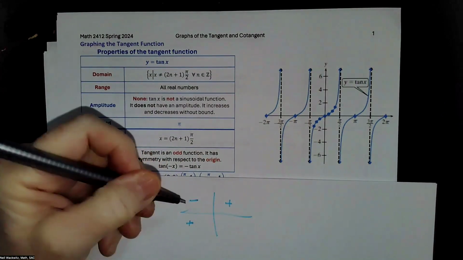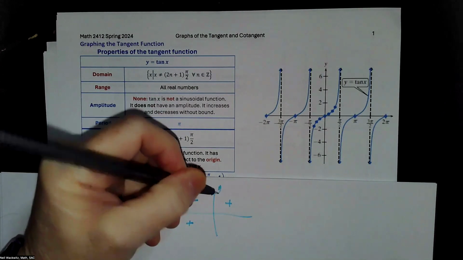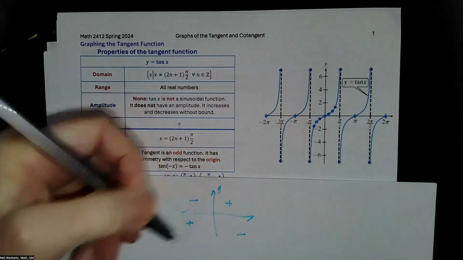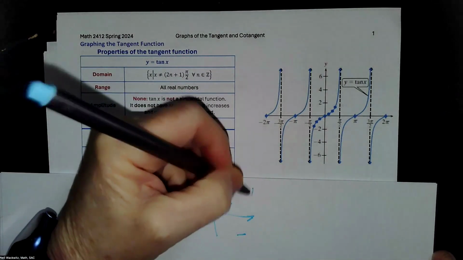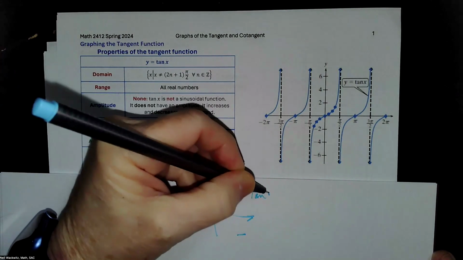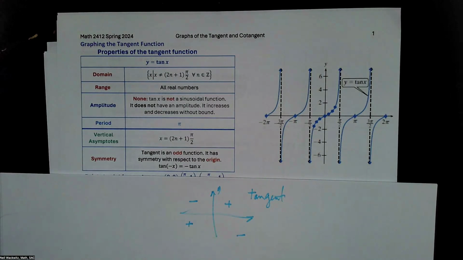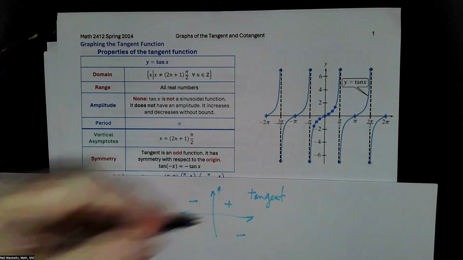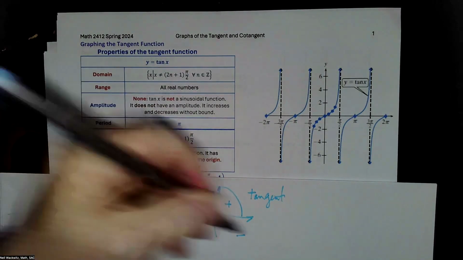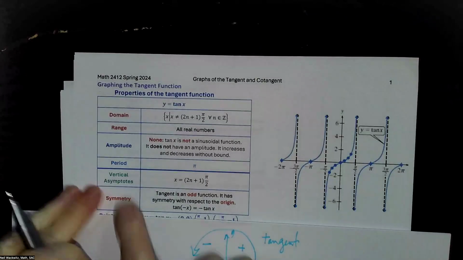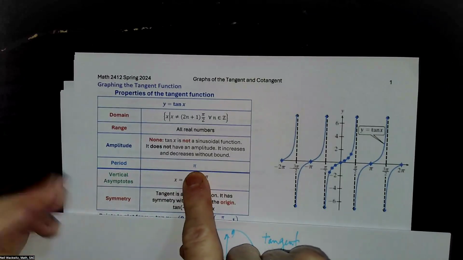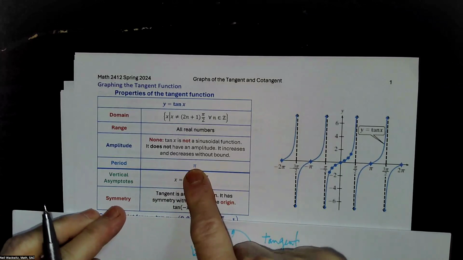It's negative in quadrant 2, negative in quadrant 4. So its period is just pi. So the period of the tangent and the cotangent is just pi.